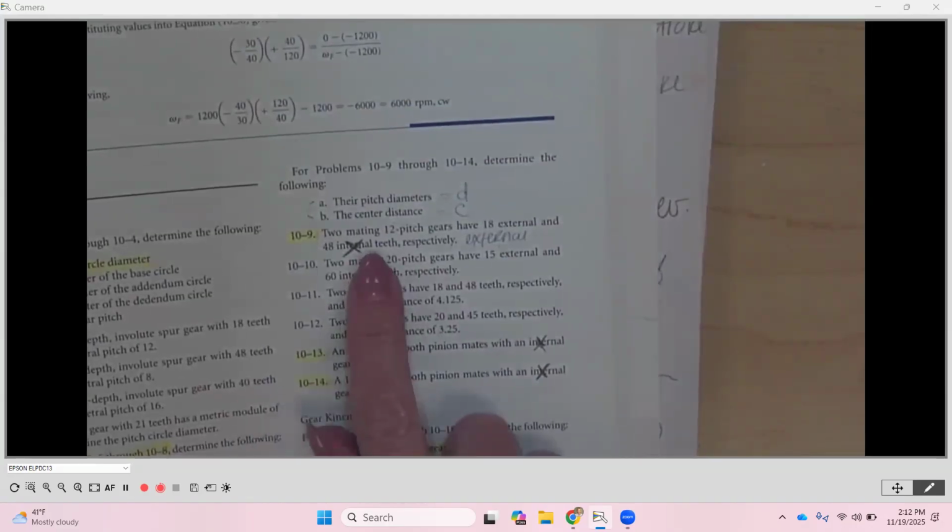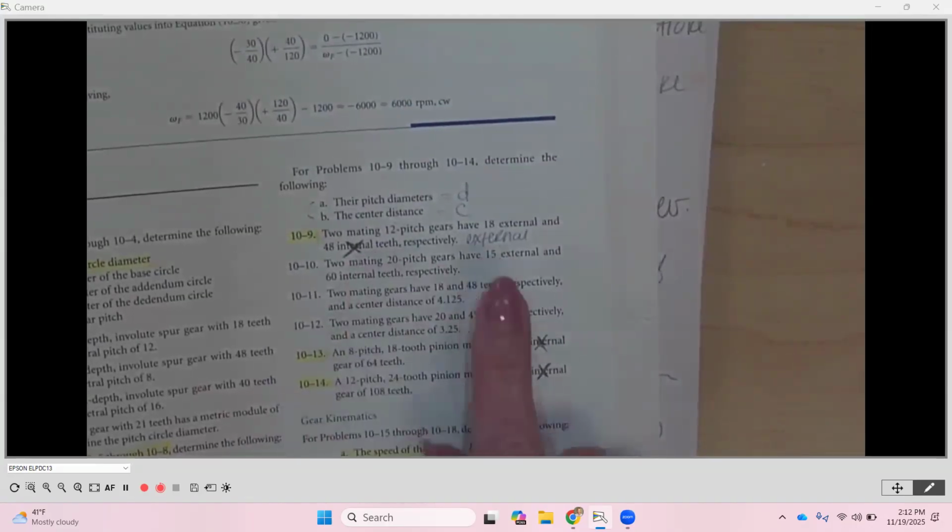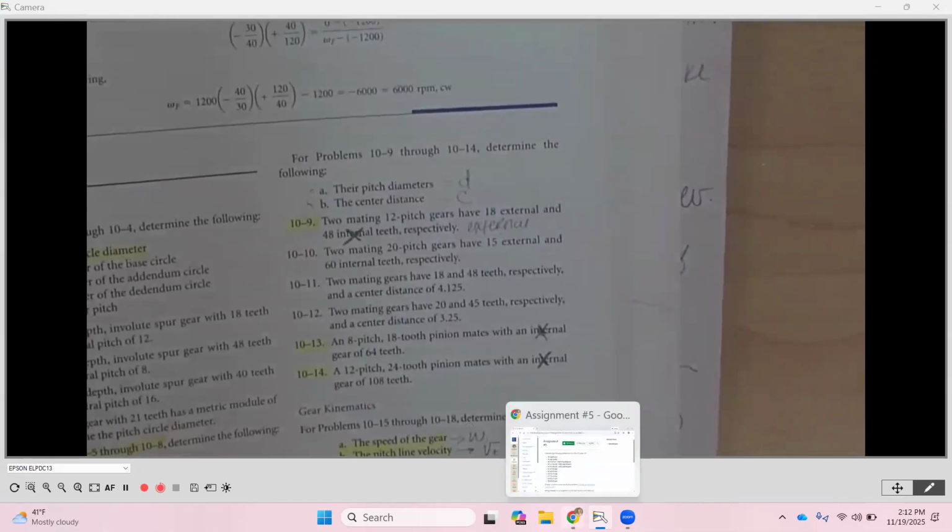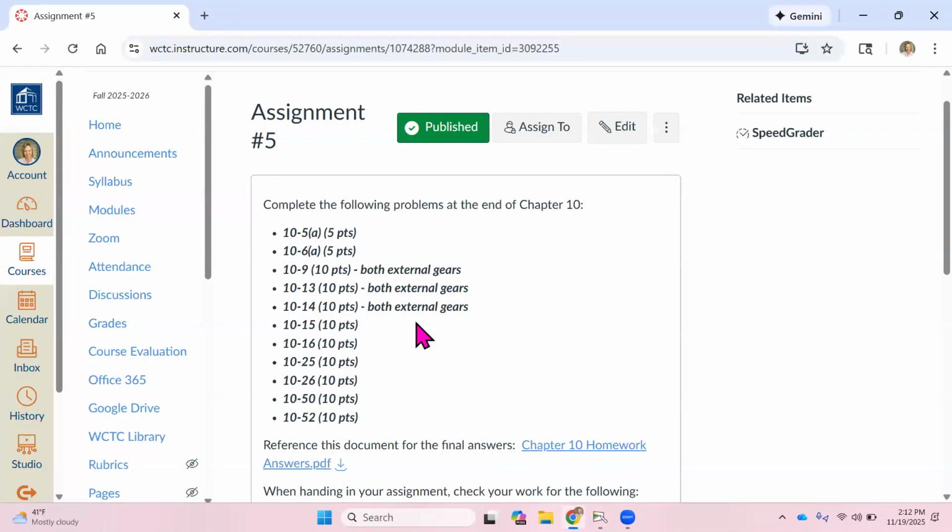Yours are external, meaning that the teeth are on the perimeter of the gear, not on the inside of the gear. We only did problems that were external. So if it says internal and you're like, what is that? It's an external gear. Make sure that both of the gears are external, and then they'll match what the answers are in the homework here.